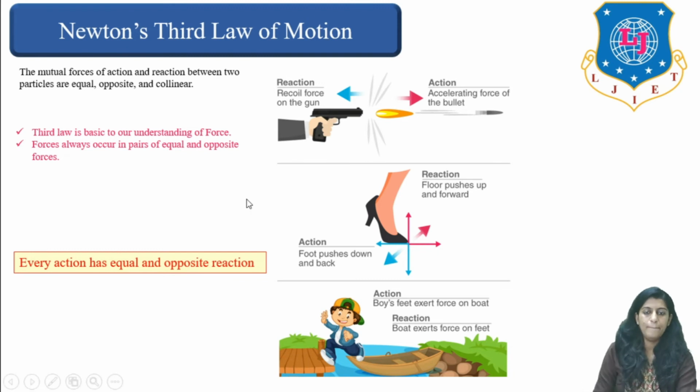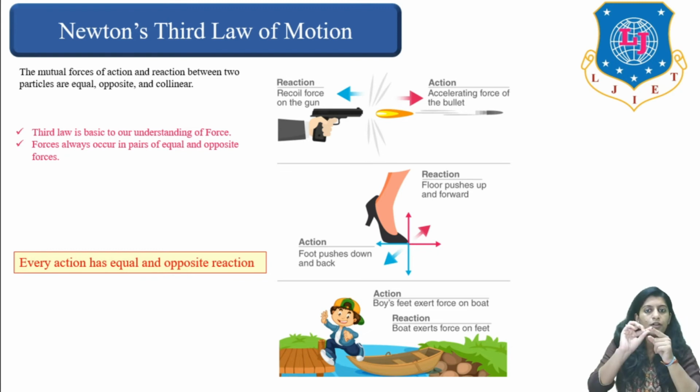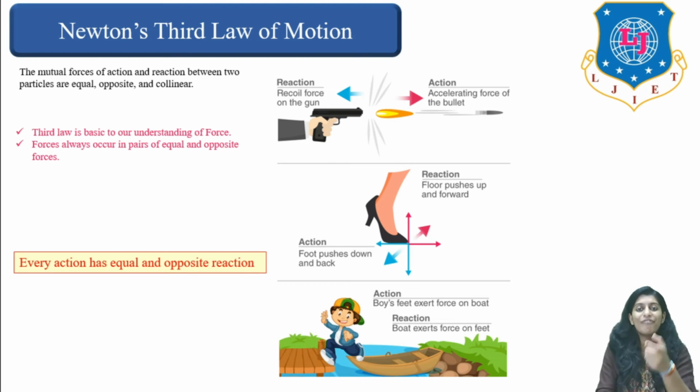For example, if we shoot a gun, once you shoot the bullet, the velocity with which the bullet comes out of the gun is equivalent to the jerk which is experienced by the gun, right?